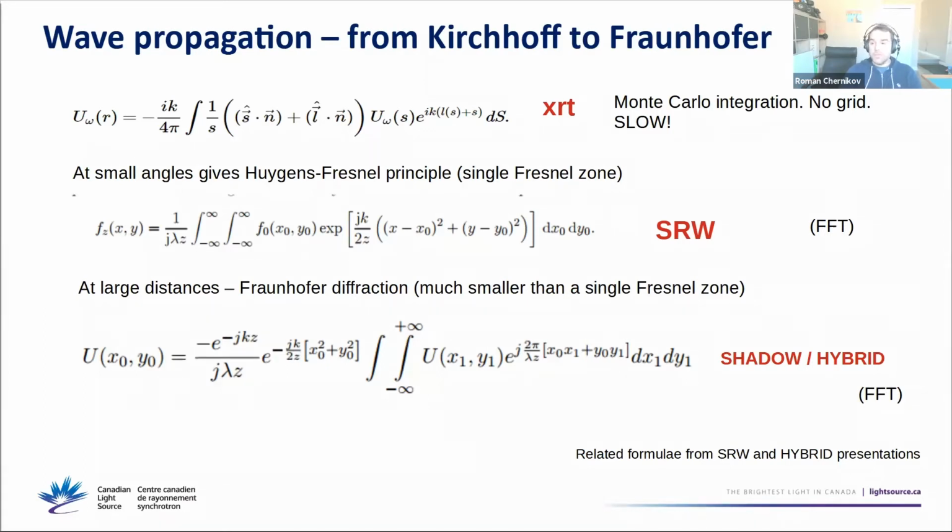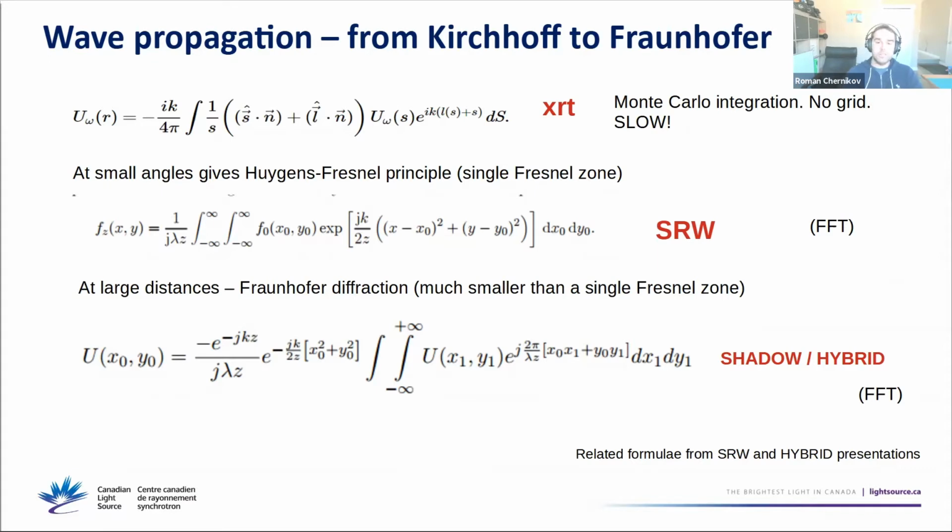SRW, for instance, works in the paraxial approximation and only considers the first Fresnel zone, basically. And if you go this way and calculate the Fresnel diffraction, you can use the fast Fourier transform that speeds up calculation seriously, and that is where we lose to other packages.